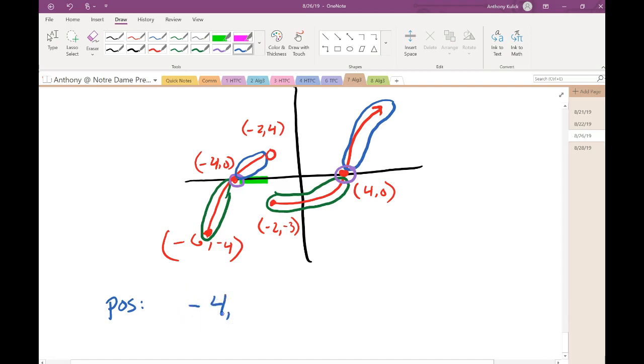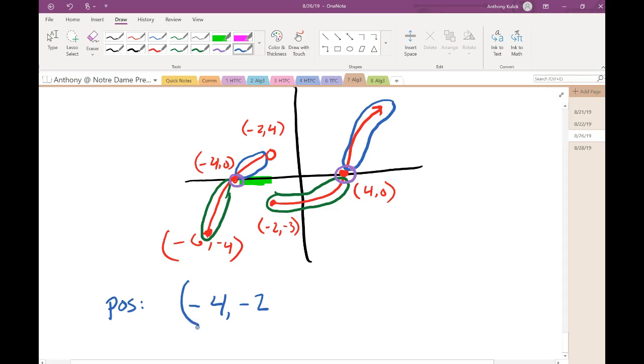And what x coordinate does that end with? -2. We're just talking about this little section right here, right? The -4 should have a parenthesis or a bracket. Parenthesis, because negative 4, 0 is on the x-axis, not above.